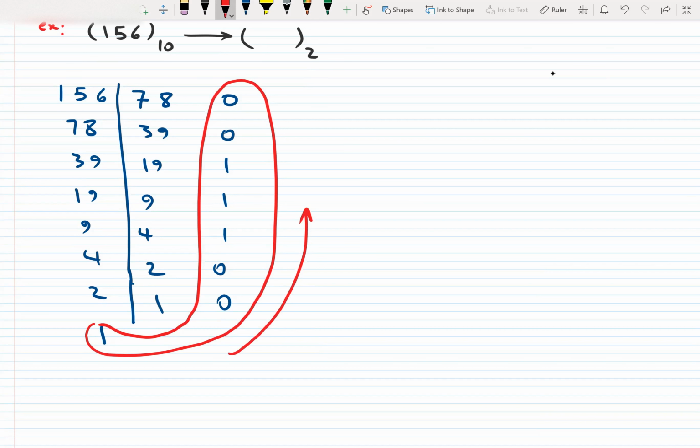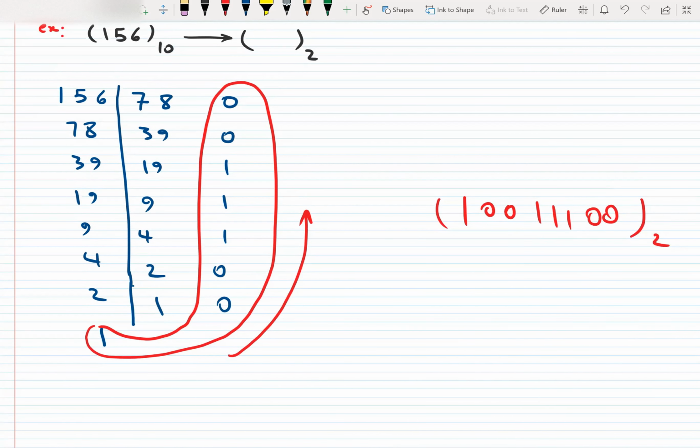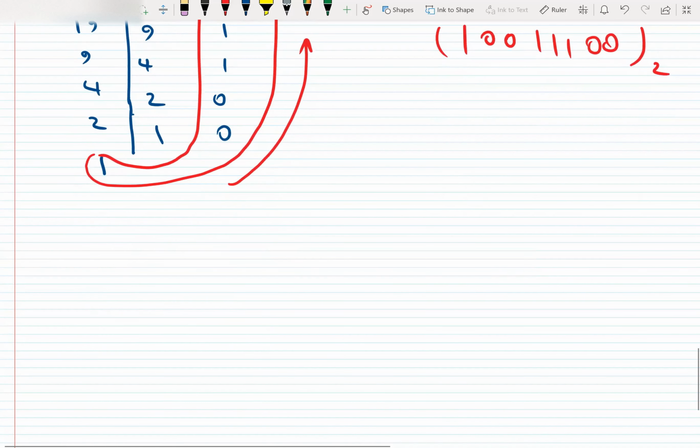So the answer is 10011100 in base 2. So 156 in base 10 is 10011100 in base 2.